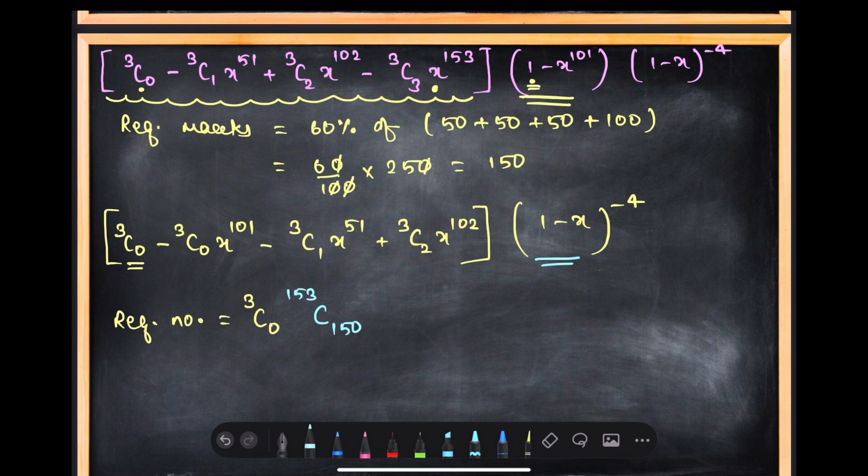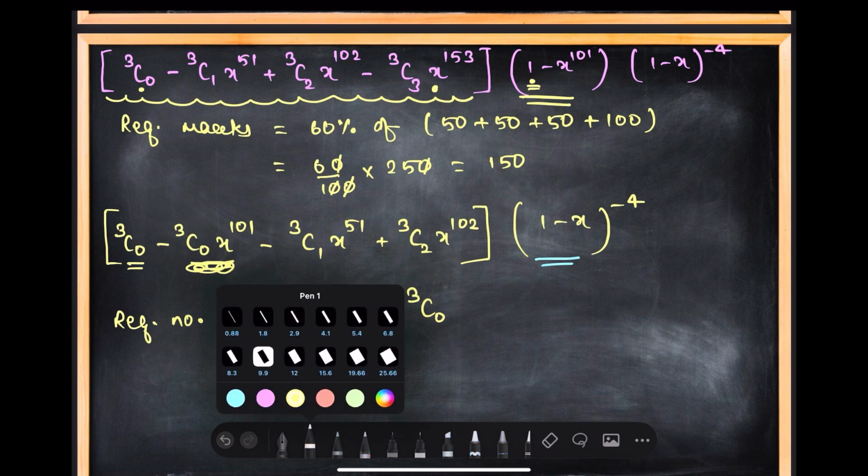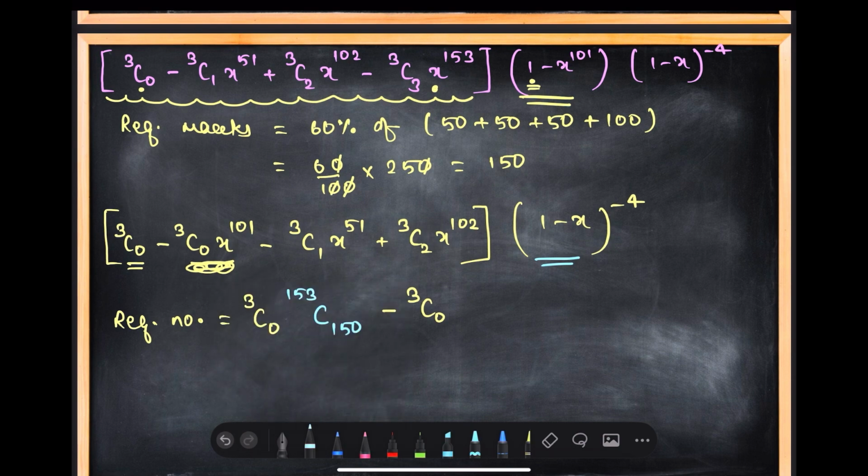153. Okay, now suppose this person is fighting. So minus of 3C0, he will fight with whom? He will fight with the person who will have x to the power 49. Correct? Then only it will become 50. So 49.